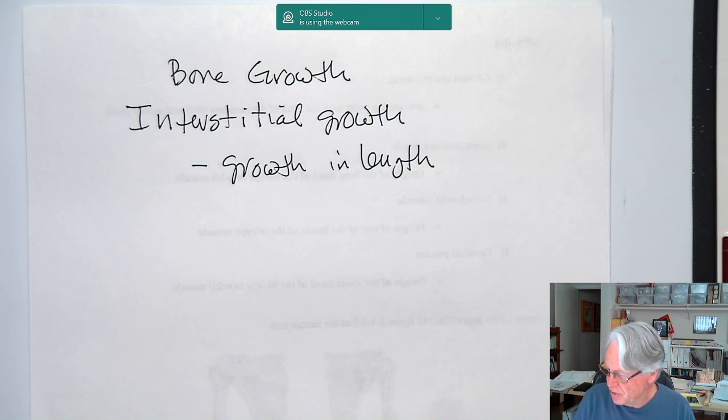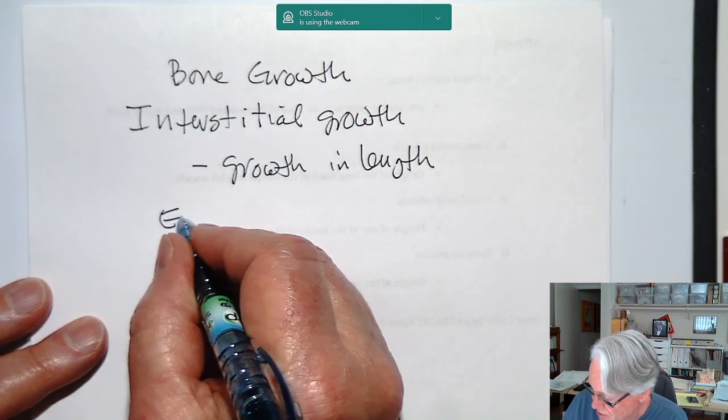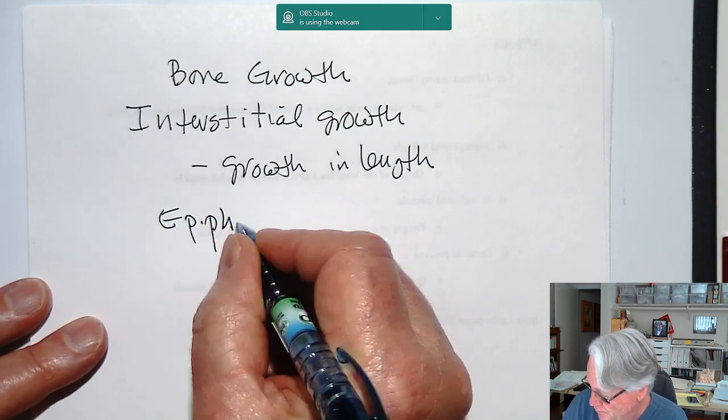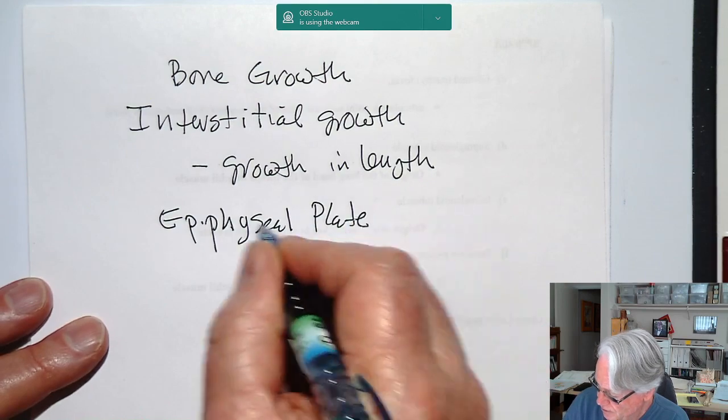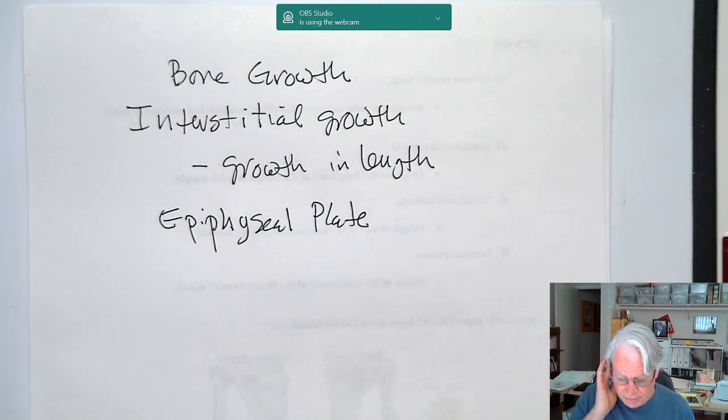Okay, so growth in length. And this is going to occur at the epiphyseal plate. So the epiphyseal plate. So what is the epiphyseal plate?